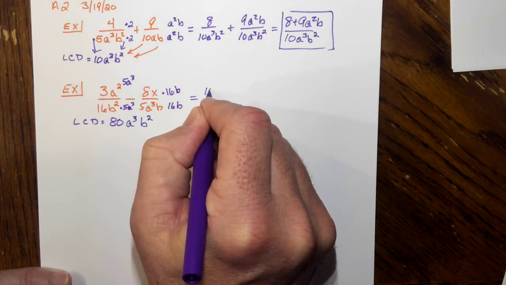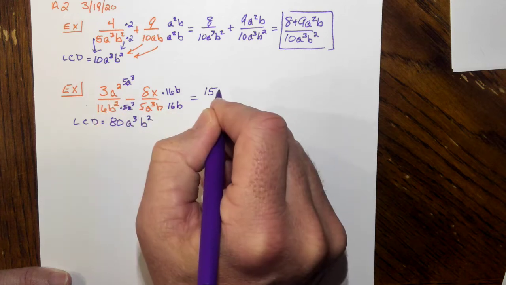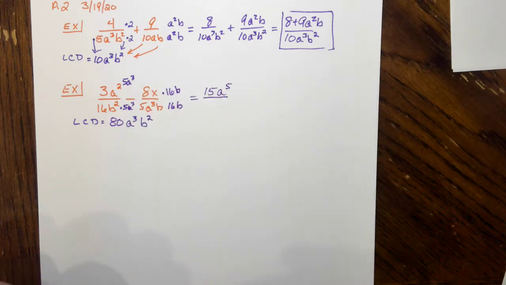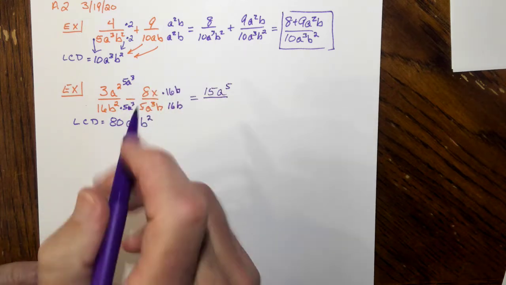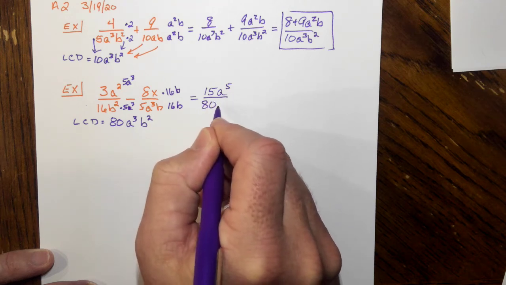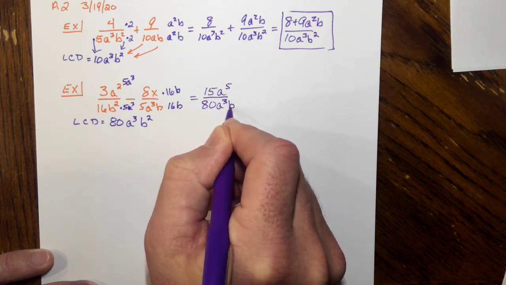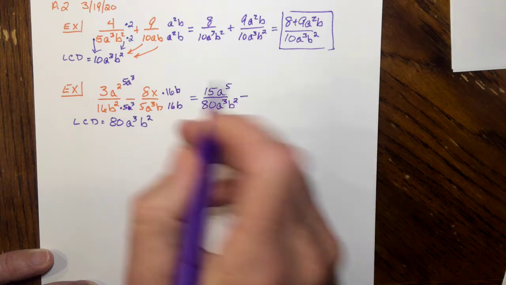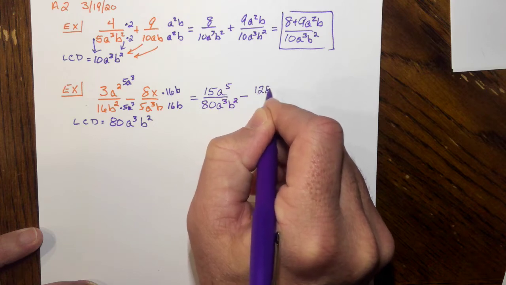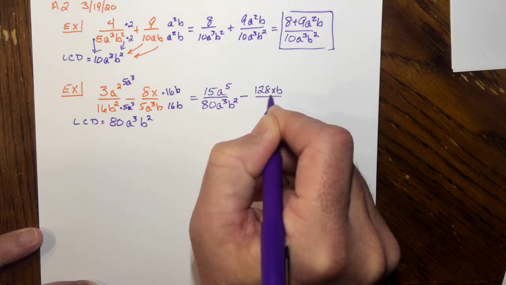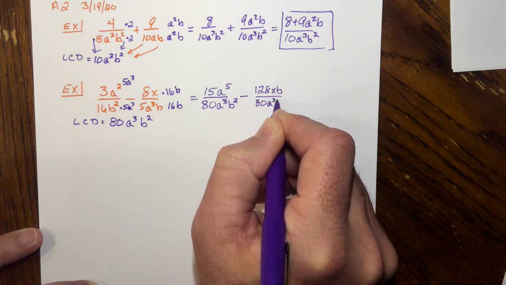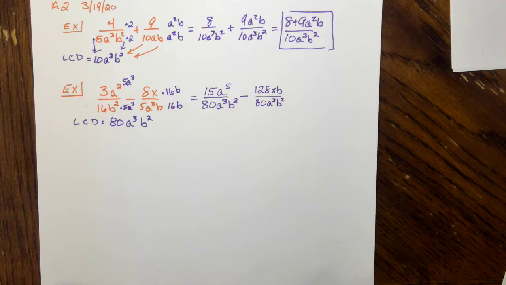So what's this going to give us here? We'll have 15 a squared times a cubed, a to the 5th over, well, there's your denominator. You really don't have to do all the work down here once you've got it figured out. Minus, this is going to give us 128xb, again, over 80 a cubed b squared.